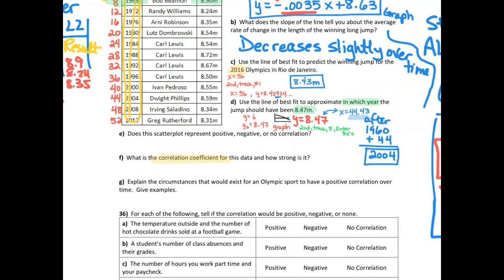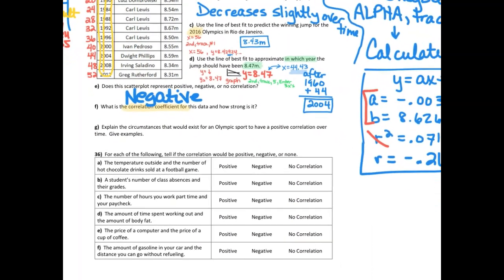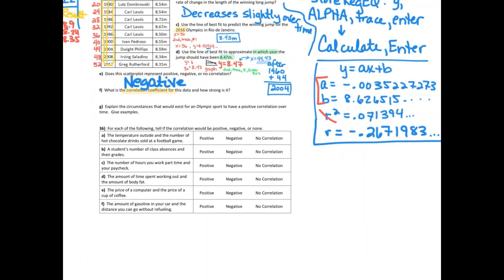Now, this scatter plot has a negative correlation. It asks for the correlation coefficient, and remember that we said we're not using r squared.